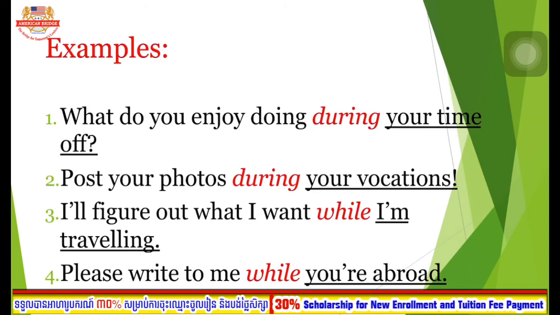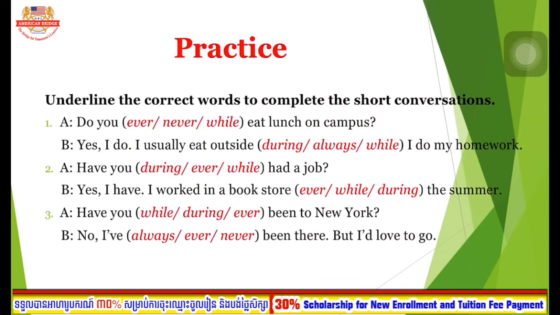Okay, good. So students, finish with this, and on the last page teacher has some exercises I want you to do to make sure that you can catch up with the lesson well for today. So let's go. Underline the correct words to complete the short conversation. We have from 1 to 3, and we have A, B, so the total is 6 sentences.